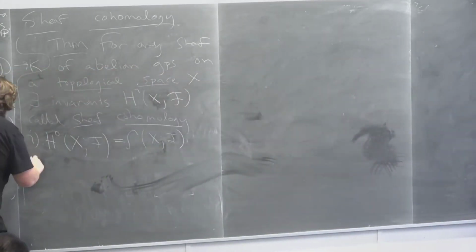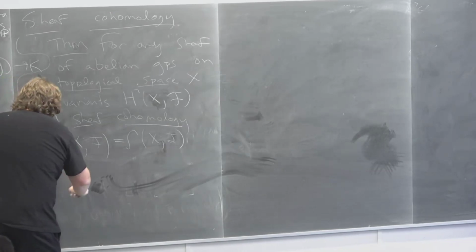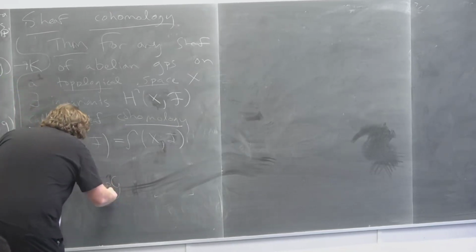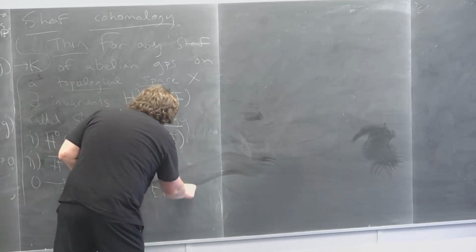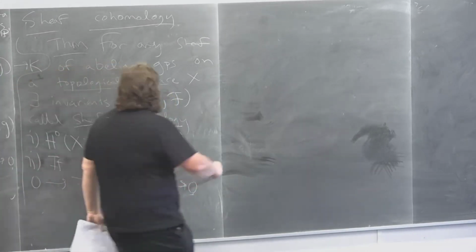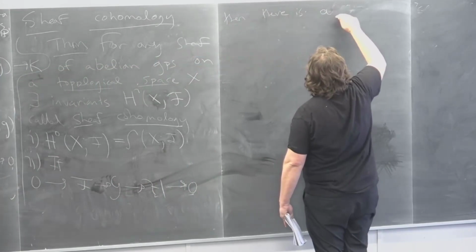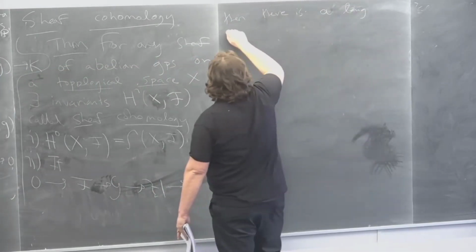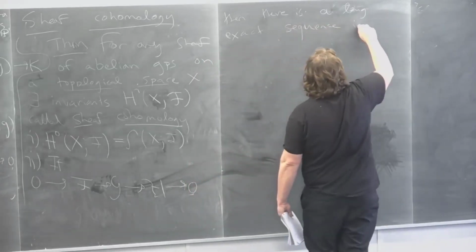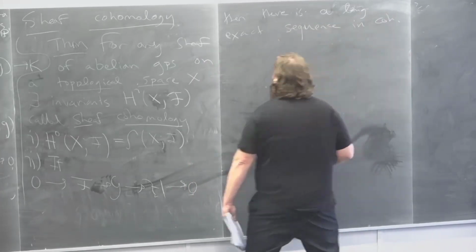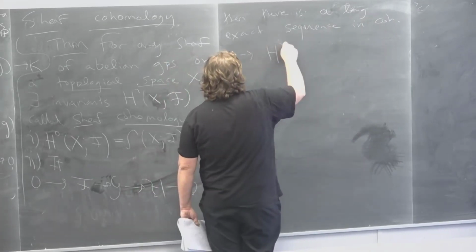All right, the other incredibly important property is this: if I have an exact sequence of sheaves, then there is a long exact sequence in cohomology. It's easy to get mixed up about which way the maps go.